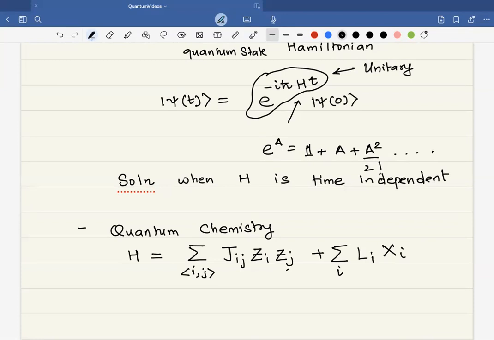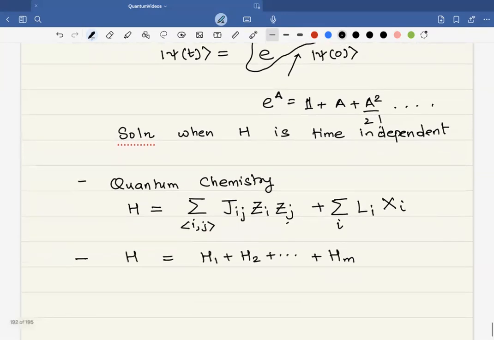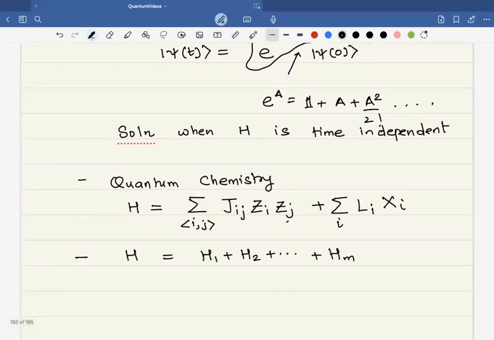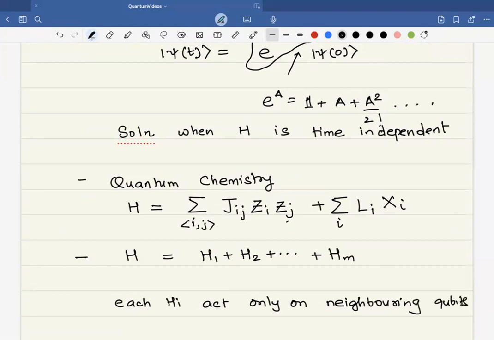So typically H will be given as a sum of local Hamiltonians. So this will be H1, H2, up to Hm. And maybe each of these H_i acts only on two neighboring qubits, right?